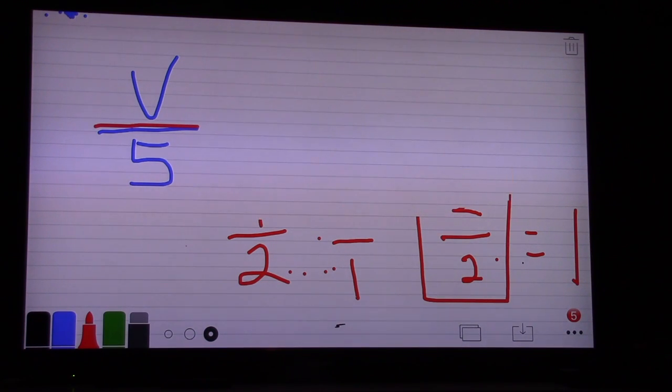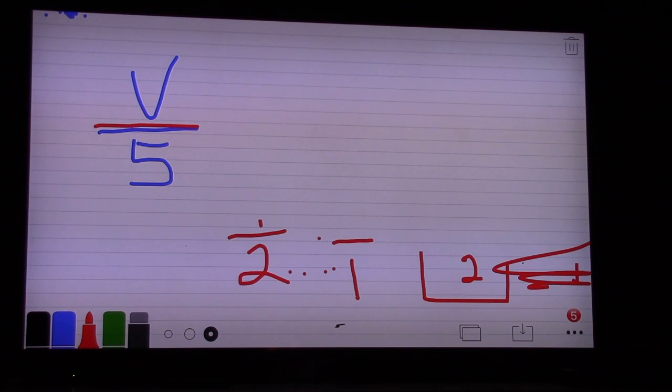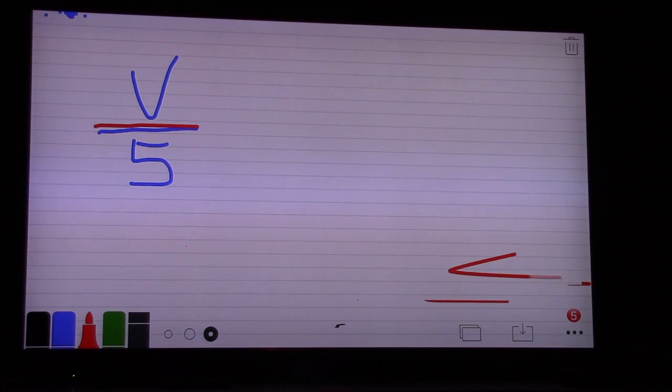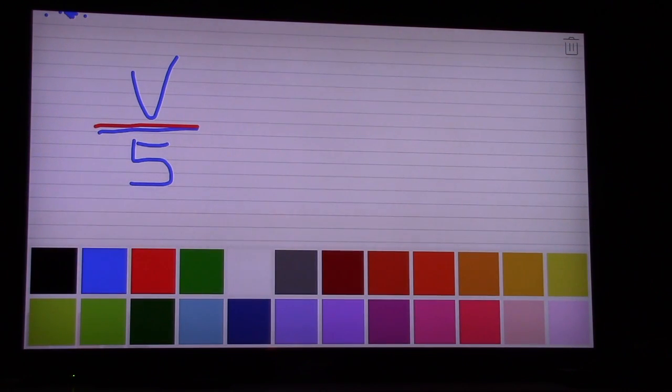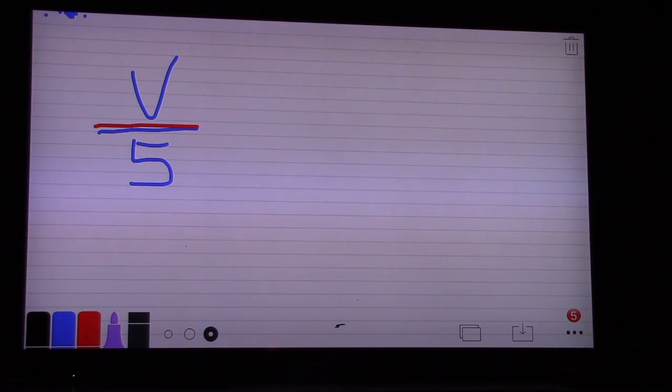So let's go back to our situation where v is being divided by 5. Following that same logic, if I multiplied it, I'll pick another color, I'll do it in magenta, if I multiplied v, which was being divided by 5, by 5 over 1, then I multiply straight across just like before. 5 times v is 5v.